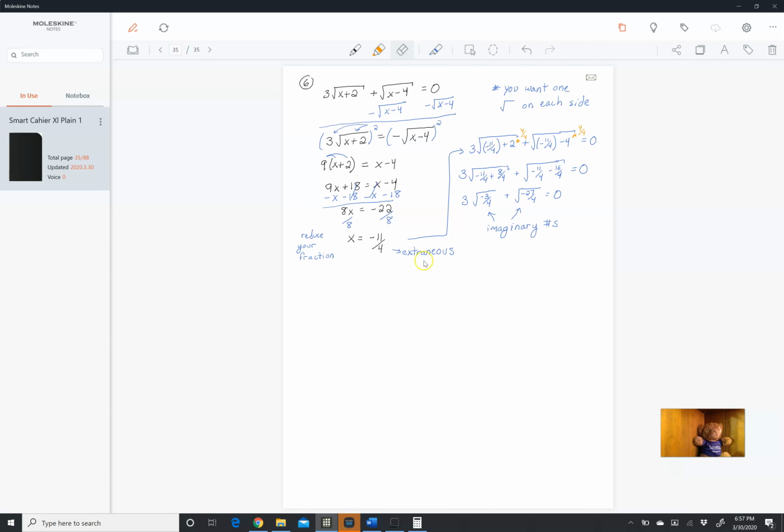Okay, we can't get imaginary numbers. If we get imaginary numbers, how are we supposed to solve this? We would get i's. Okay, and we don't want any i's here. Just want to make sure that we didn't make any mistakes. So notice I double check too.